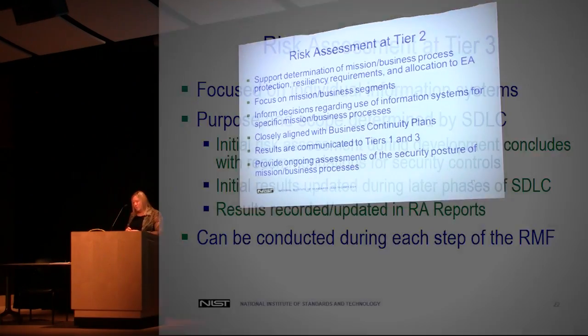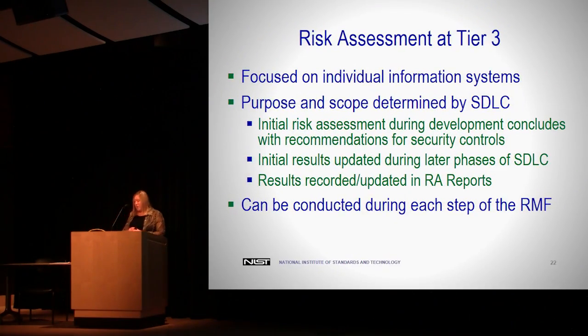At Tier 2, we are there at the mission business process level, so we're looking at resiliency requirements, we're looking at the enterprise architecture, how we're going to allocate controls maybe to there, where the risk is stemming from, focusing again on those mission and business segments. Let's see here, informing decisions regarding the use of information systems to support those mission business functions, like I mentioned earlier.